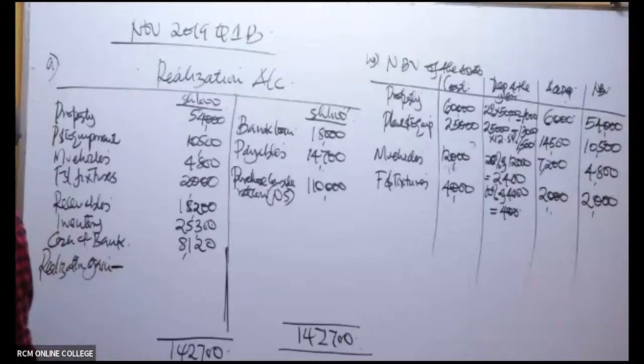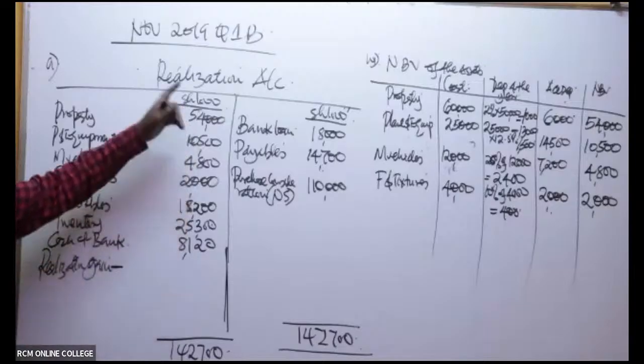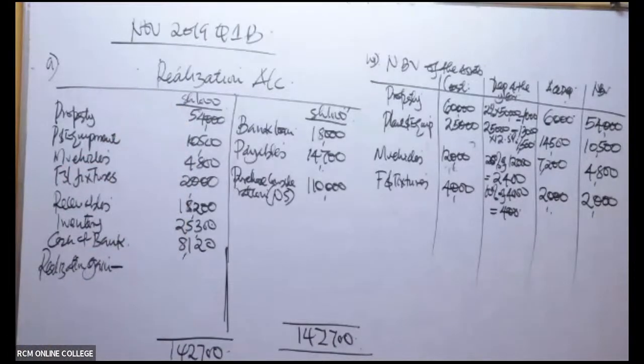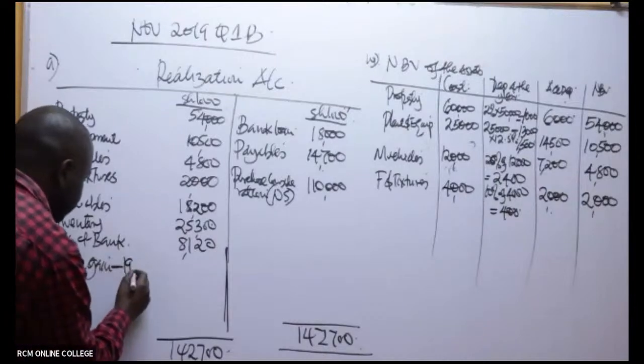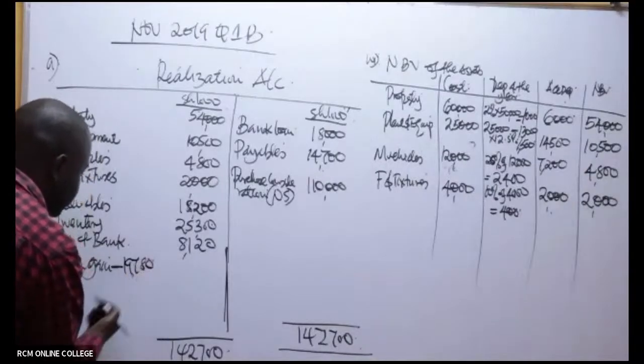How much are you getting when you subtract all these? I can see you're saying 19,780.